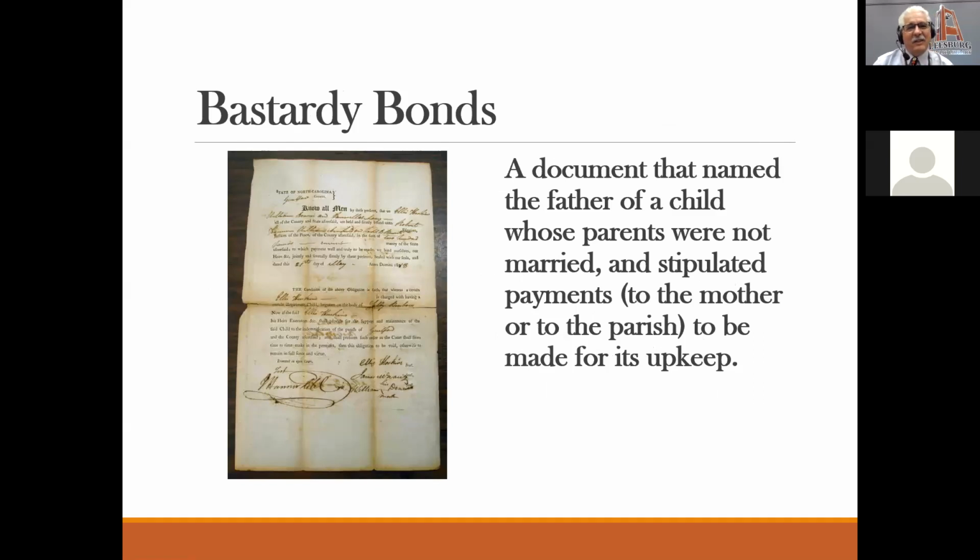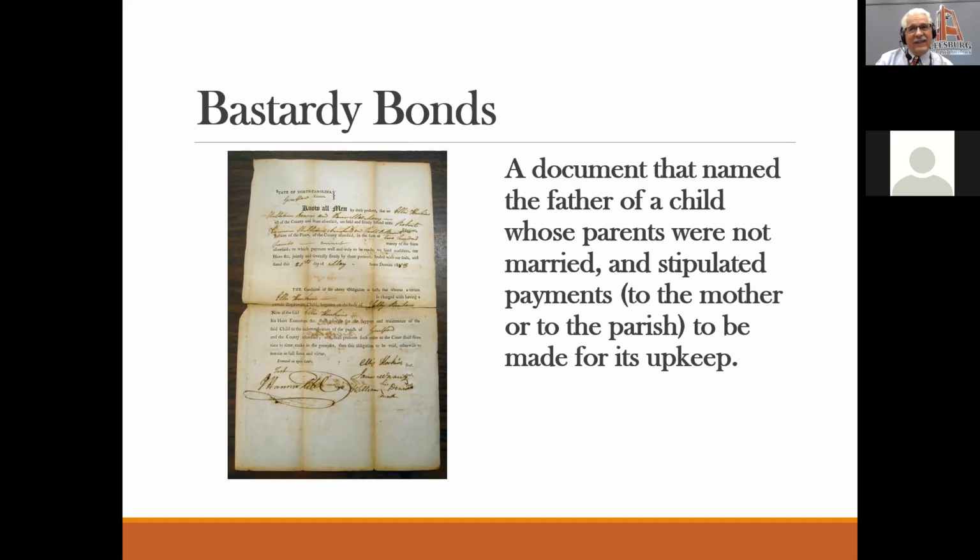And this is an interesting one, bastardy bonds. These are most common in the South, but they existed in some way or other. It would record the father of an illegitimate child so that the father could be forced to pay what we would call child support. If they were still in the county, the sheriff would come and get them, and they would put them in jail until they worked something out for the care of their child.